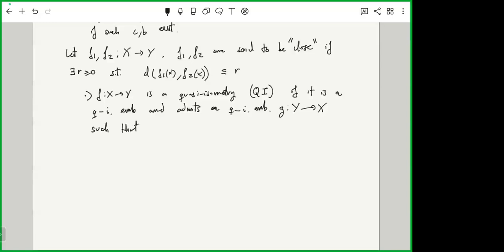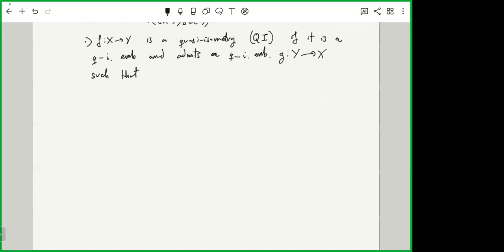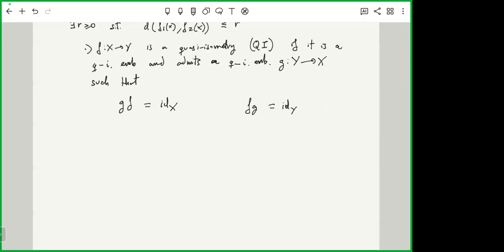So we want to say that F has some inverse from far away. We would normally say that the composition of F with G is the identity on X, and FG is the identity on Y. But again, we want this to happen only from far away. So instead of equality, we will ask for closeness.